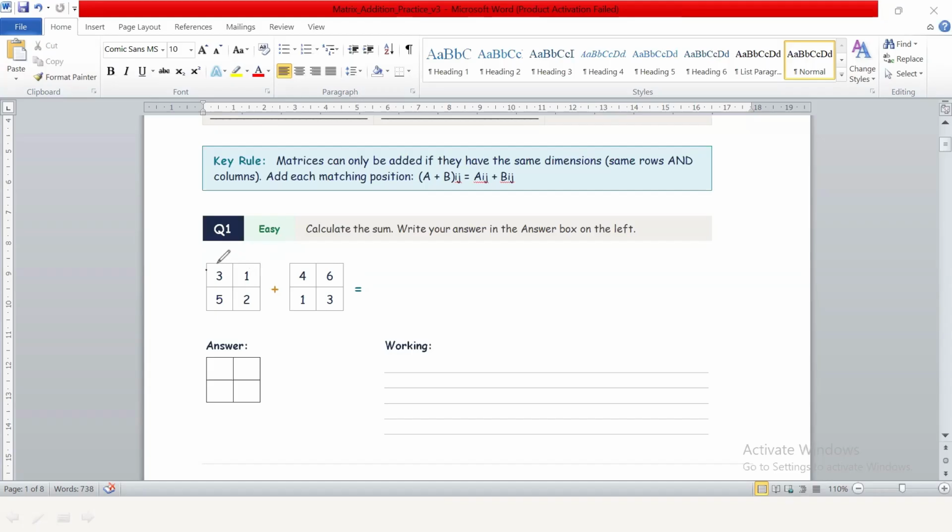For this one, we take the value in the first column and under the first row as well, and add both of these together because we are doing addition. So we'll add 3 plus 4.